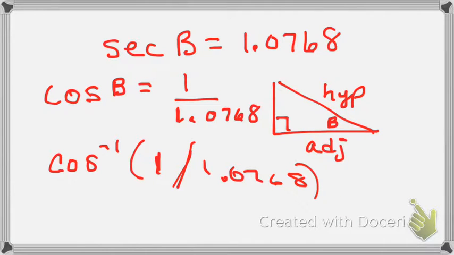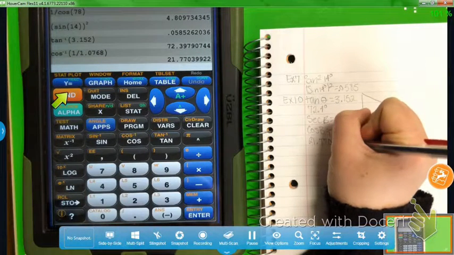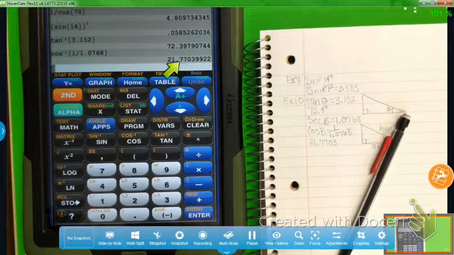So let's go back to our calculator screen and type that in. You'll hit inverse cosine of 1 divided by 1.0768. So the angle measure comes out to be 21.8.